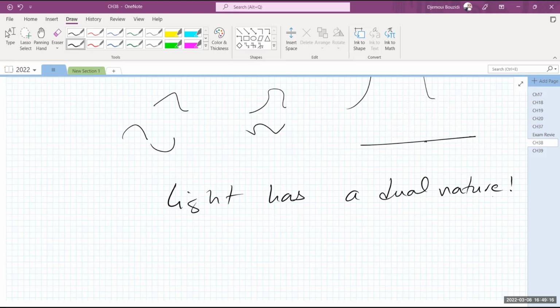Okay. So sometimes it shows you one side, and sometimes it shows you the other side, which seem to be antagonists, the two sides are completely against one another. But that's exactly what's happening with light. It behaves as both.